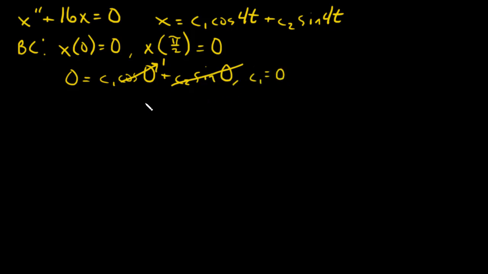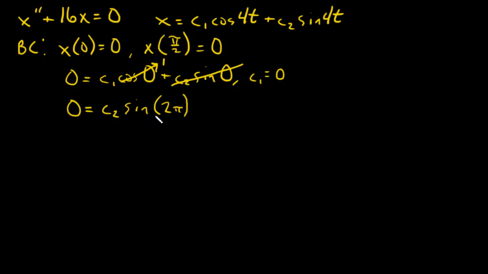Okay, so the next boundary condition is that my x value is 0 when t is pi over 2. But I also have that C1 is 0, so I can just eliminate this whole term. So 0 equals C2 times sine of 4 times pi over 2, which is 2 pi, right?